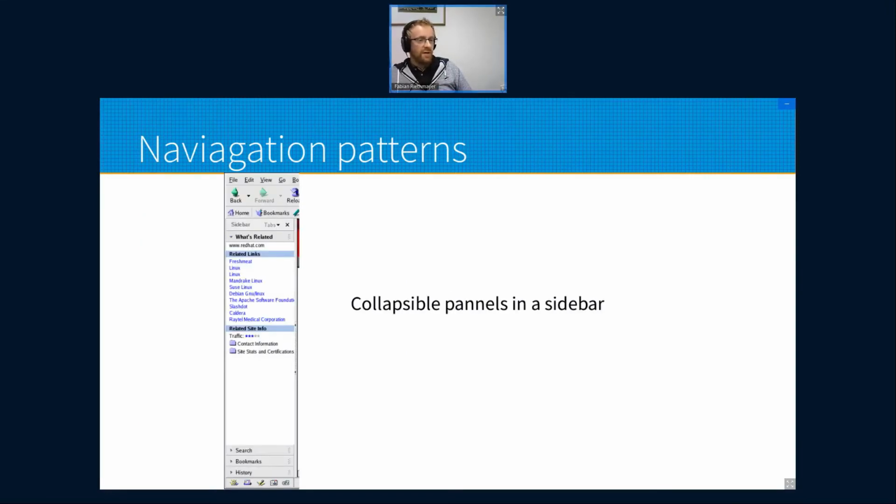Some patterns just fell out of time, like these collapsible sidebar panels in Mozilla's pre-Firefox web browser. So you would click on here and then the content would expand and the other content would collapse. I don't think this pattern is used anywhere anymore, at least not in a sidebar. Today you would probably use some kind of tabs on the top to switch between the contents, or a vertical sidebar.